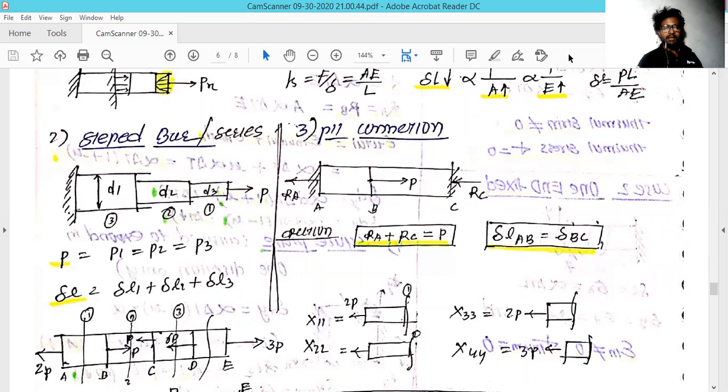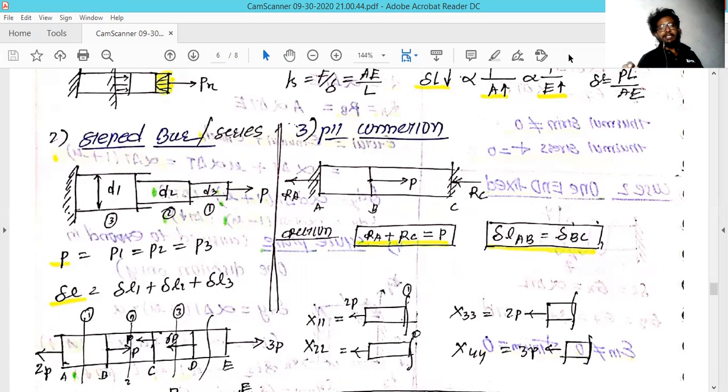So at the same moment, it holds the same cross section, and if it is the same cross section, that shows it is made of the same material. So due to the same amount of compression and tension, it will generate the same amount of extension in the compression manner and in the expansion manner.